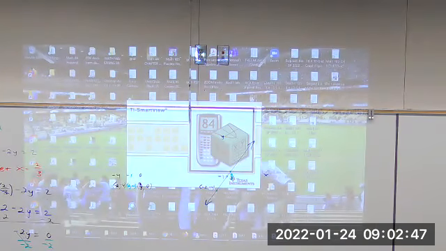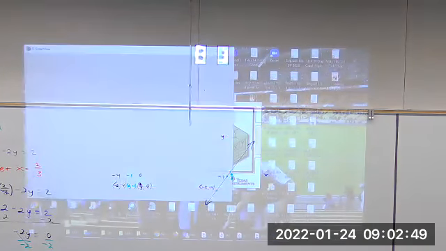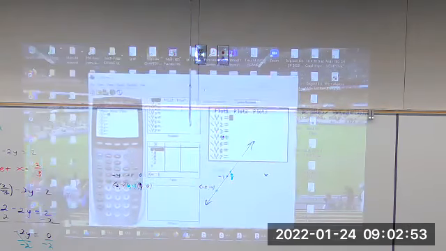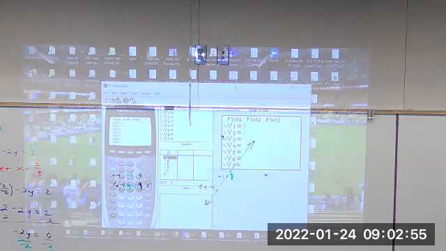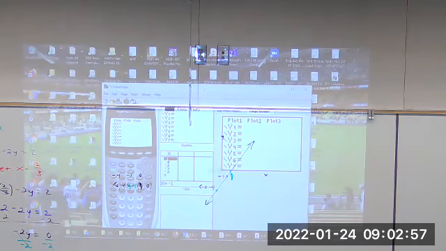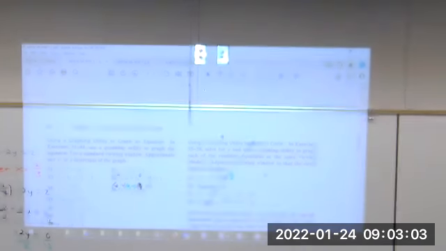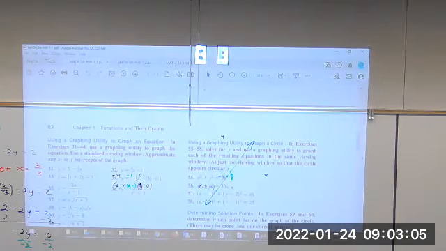Graph utility is graph calculator. Use graph utility, graph equation. Use a standard viewing window, approximate any x and y intersection. Graph y equals 2x over x minus 1.